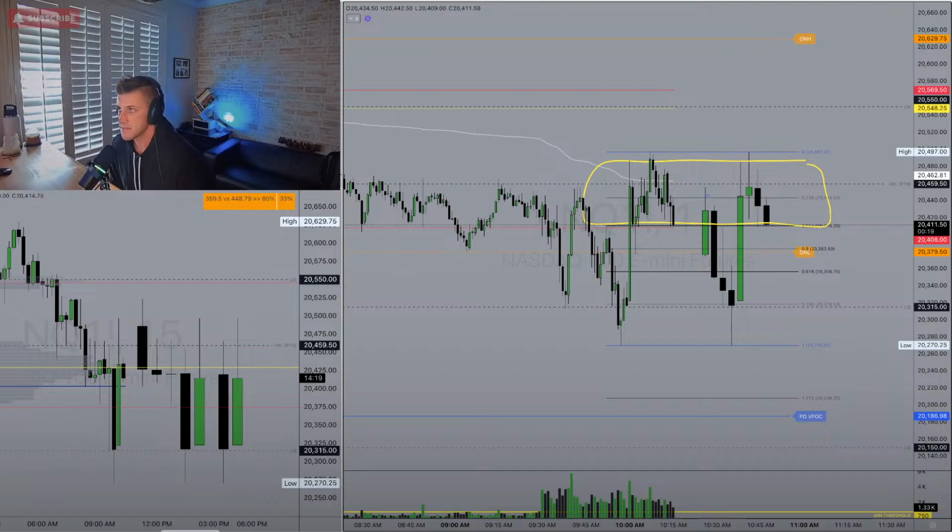See if sellers can get price back into that overnight low here. Or if the bot got short. Bot gets short? Yeah, bot is short. See how that pans out for the bot.